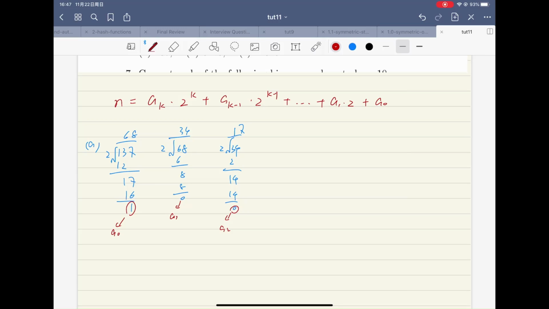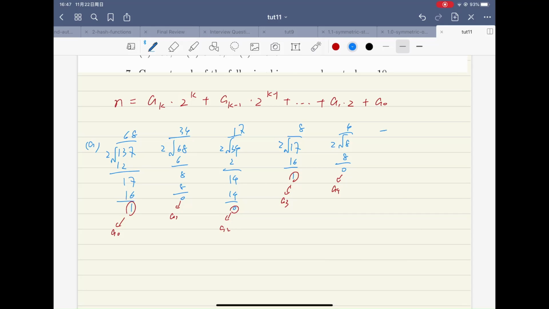So a2 here. 17 divided by 2, 8, remainder 1. So that's the a3. And 8 divided by 2, 4, remainder 0, a4.